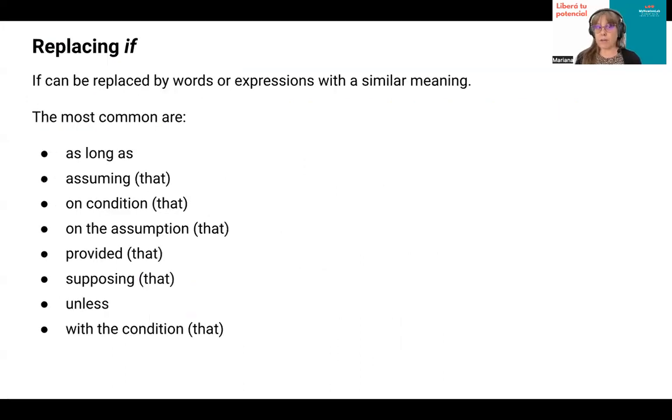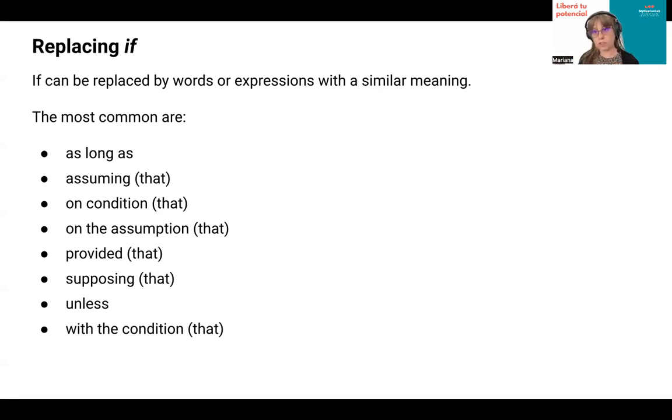And you can also have extra words or expressions to replace if, to use instead of the typical if. The most common ones are as long as, assuming that, on condition, on the assumption, provided, supposing, unless, with the condition. Of course, you may not know all of these. It's not necessary to practice them right now, but you could start analyzing little by little what they mean.